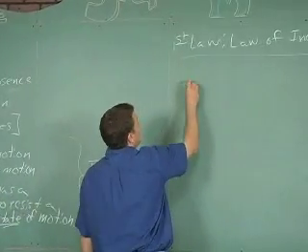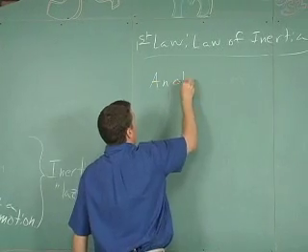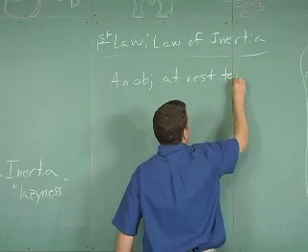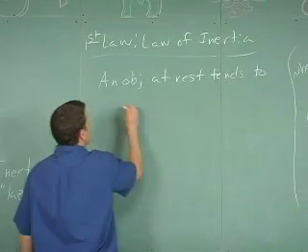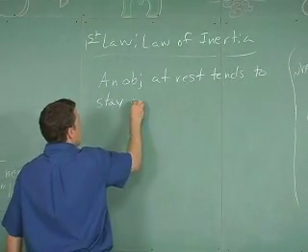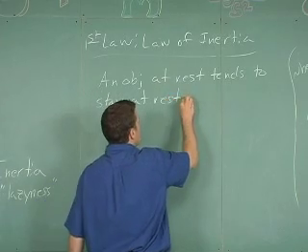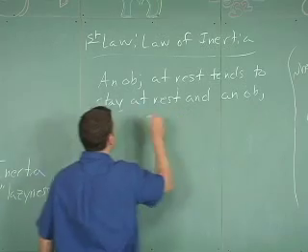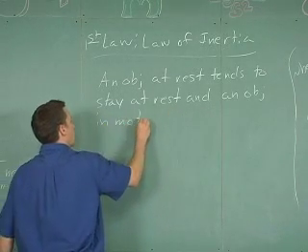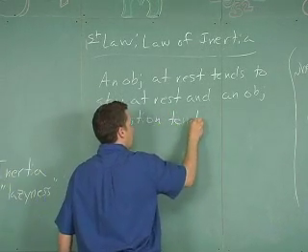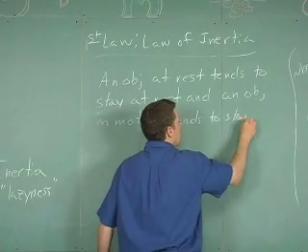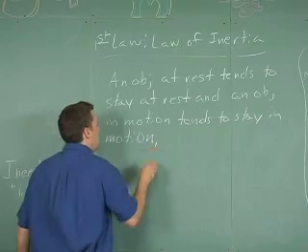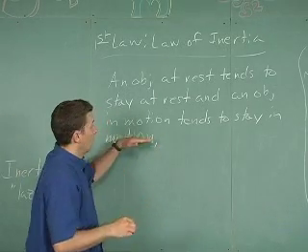So the law of inertia states that an object at rest tends to stay at rest, and an object in motion tends to stay in motion. Keep going here. What kind of motion?